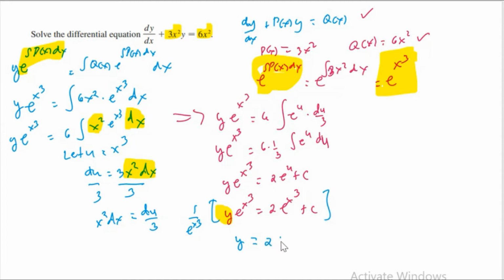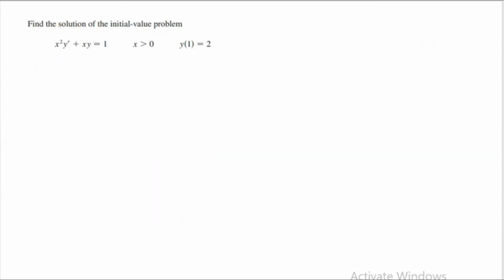So therefore, 2 plus c over e raised to x cubed. Or if you don't like to write a fraction form, you can write now y is equal to 2 plus c times e raised to the negative x cubed. So they are just the same. So this is now the answer for number 1.